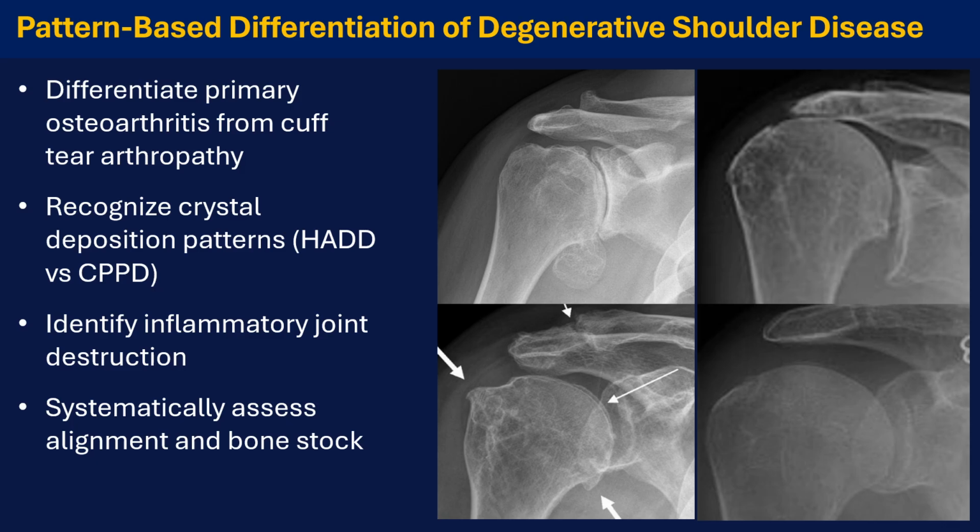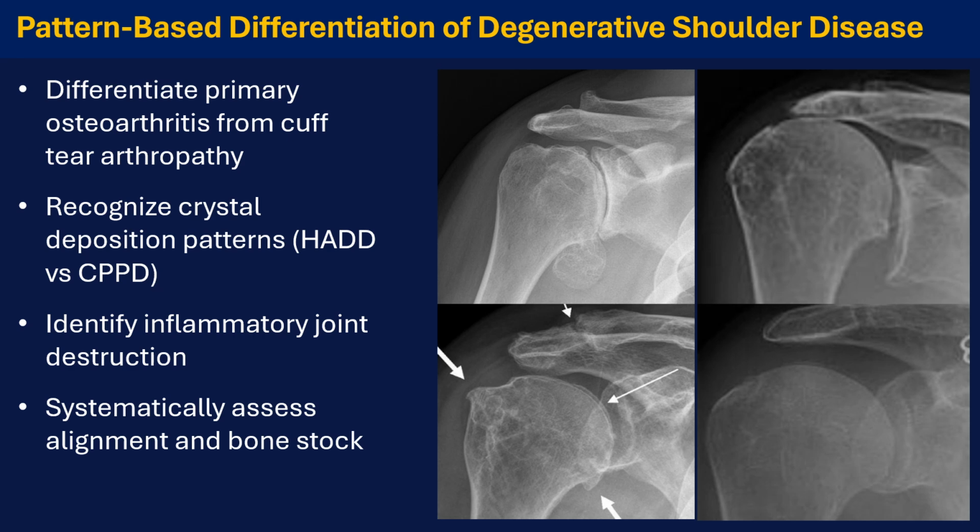Degenerative shoulder patterns must be differentiated systematically. Primary osteoarthritis is characterized by osteophyte formation and joint space narrowing, typically with preservation of humeral head alignment. In contrast, cuff tear arthropathy demonstrates superior migration of the humeral head with remodeling of the acromion and glenoid due to rotator cuff failure.